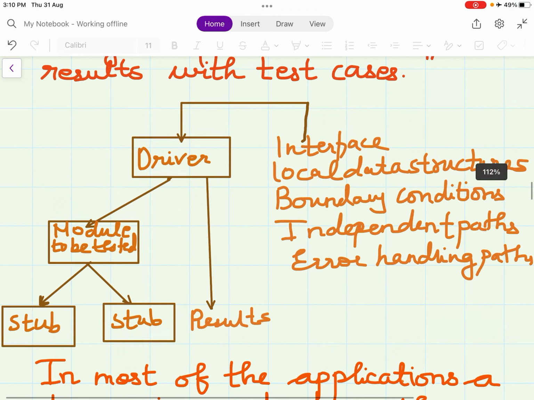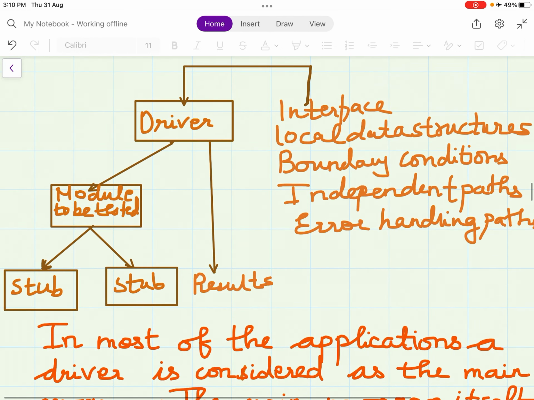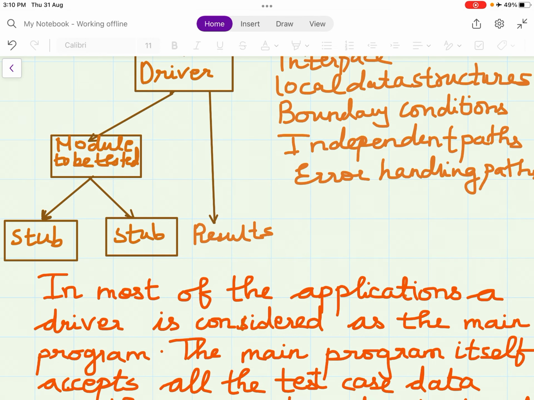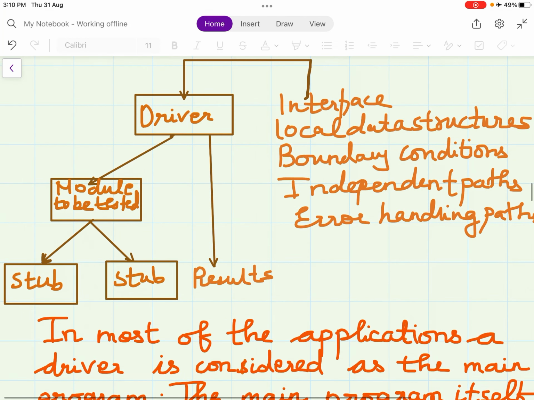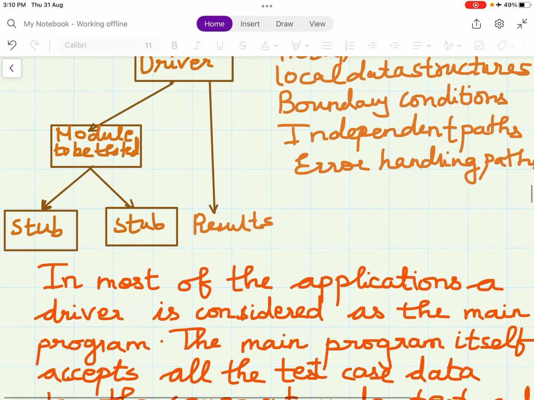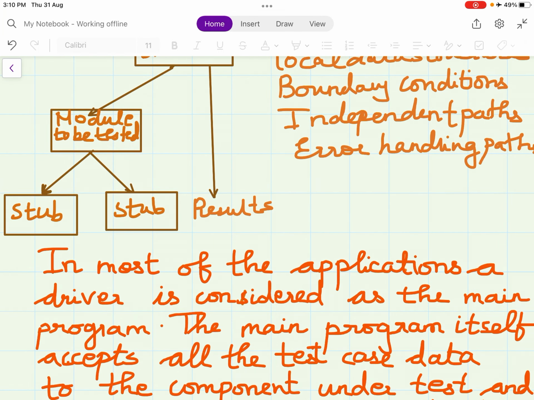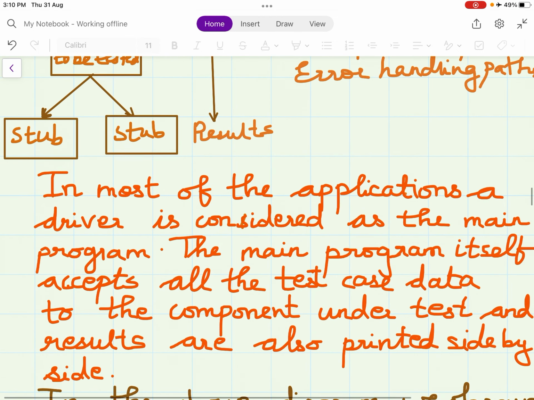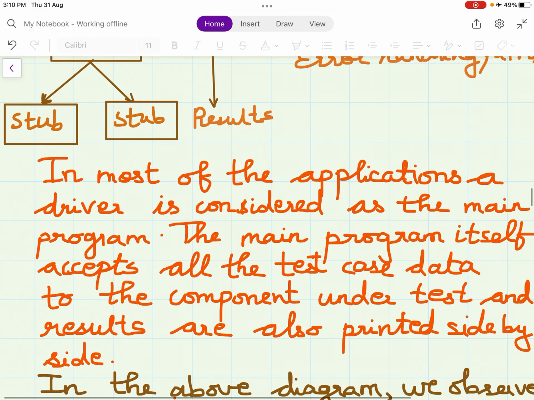So this is a unit testing structure. In most applications, a driver is considered the main program. So the driver is a main program. The main program itself accepts all the unit test case data for the component under test, and results are also printed side by side.